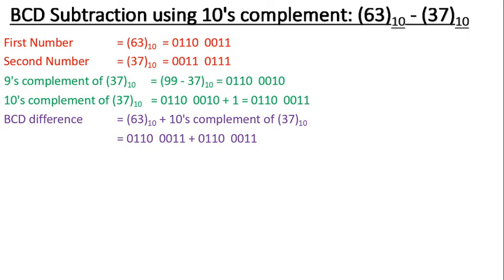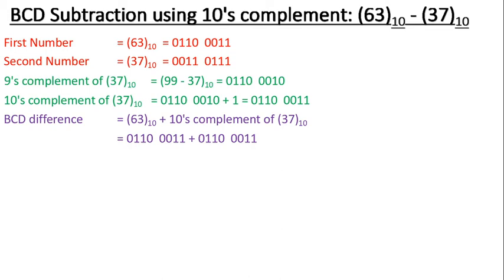In the subsequent step, 63 is simply written as 0110 0011, plus the tens complement of 37 decimal, which has just been generated, is copied here. Then we carry out the addition of these two numbers straight away by using the binary addition rule.